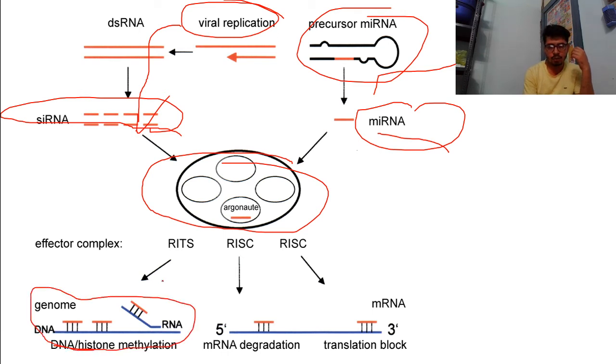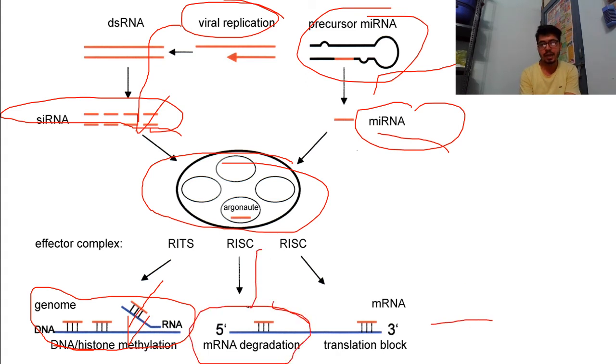So if histone is methylated, then the genome is not going to function, and that part of the genome is not going to give rise to a particular set of information, so the mRNA is not going to be expressed because it is methylated. Or in the second case, mRNA degradation can be going on.